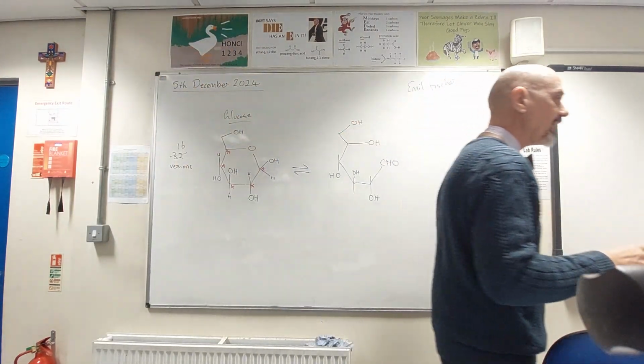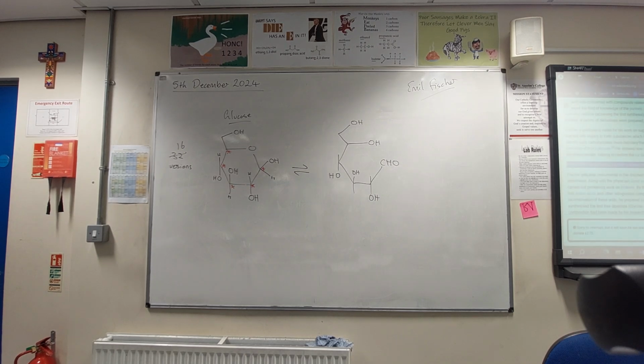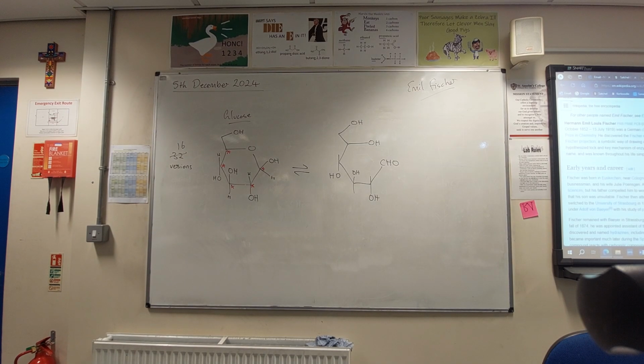Another pretty important piece of science he did was the proposal of a lock and key mechanism for substrate binding, which is something we just take for granted today. He also discovered barbiturates and lots of other things. He's a clever guy.